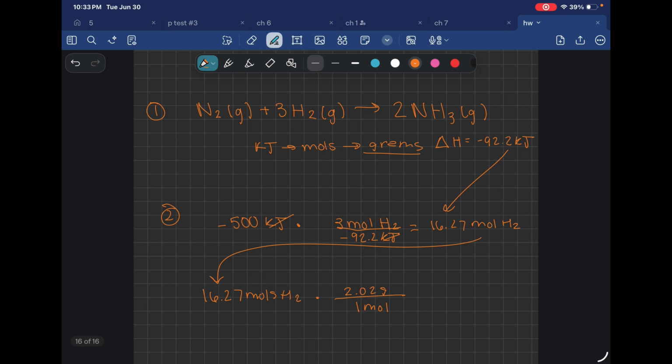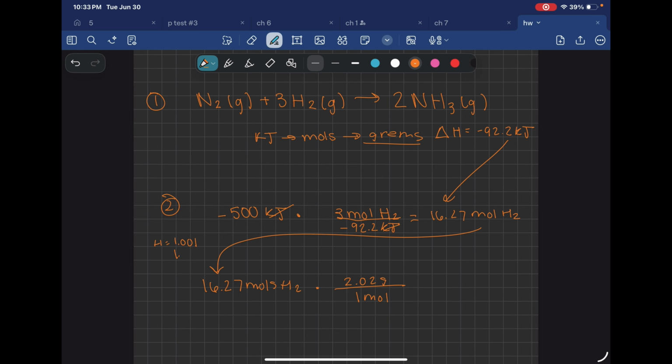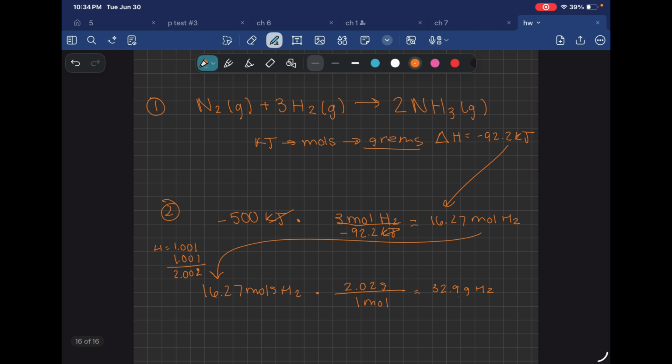This is our molar mass of H2. Remember, H equals 1.001, so 2 H would be 2.002. So when we calculate this we get 32.9 grams of H2. So now that we got our molar mass, we are all done. We've converted this to grams.